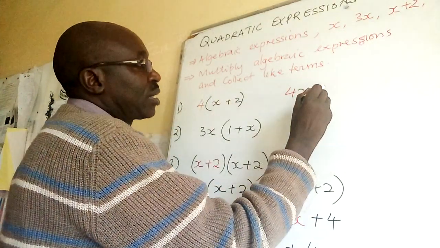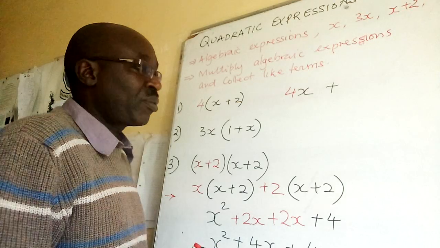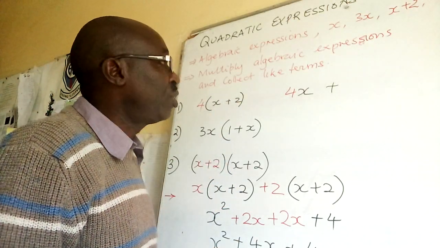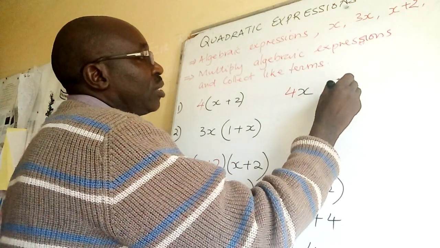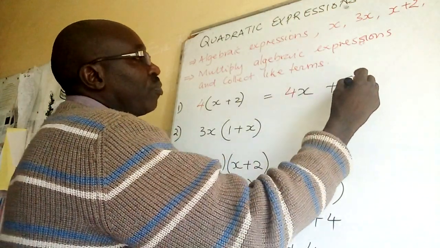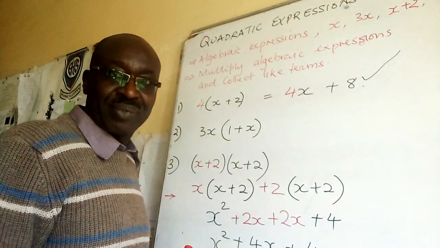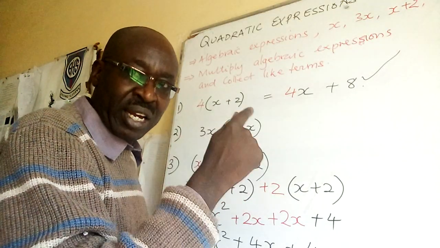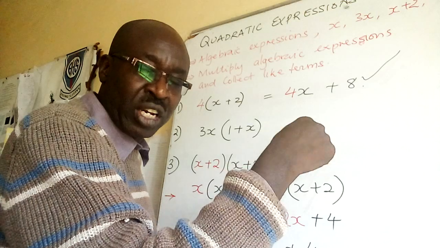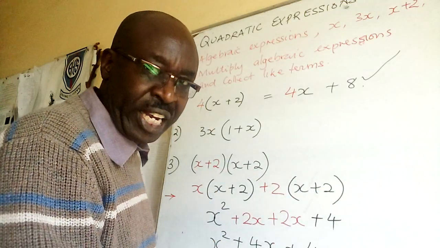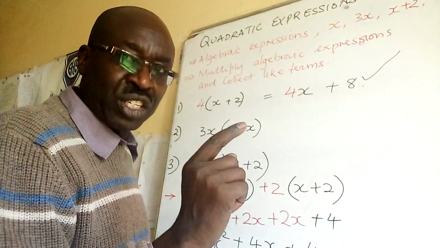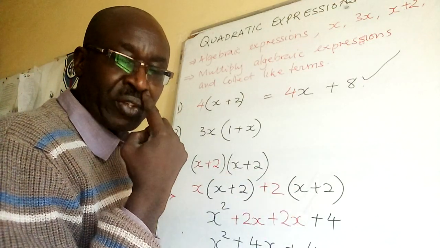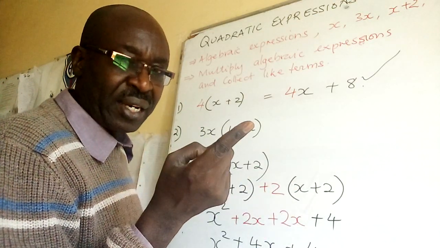And then plus, now I come to 4 times 2, which gives me 8. So that is the answer. The factor outside is distributed to the elements inside the bracket. What must you note? Take care of the sign.